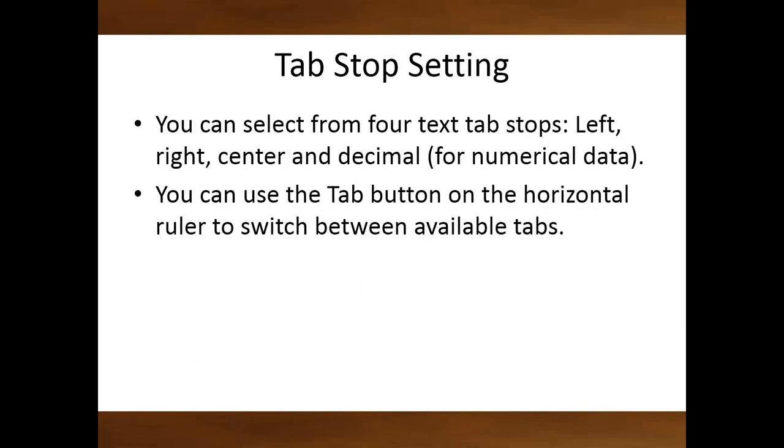You can select from 4 text tab stops: left, right, center, and decimal. You can also use the tab button on the horizontal ruler to switch between available tabs.